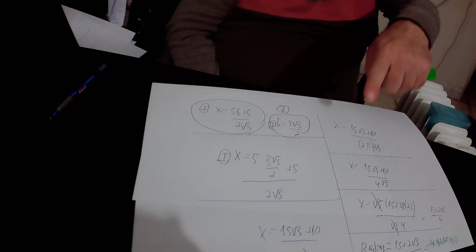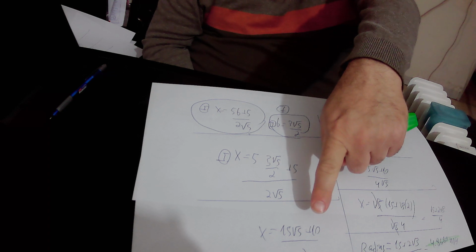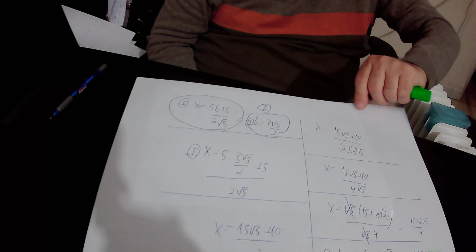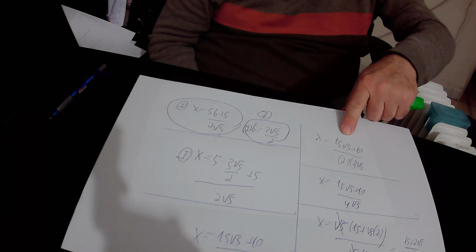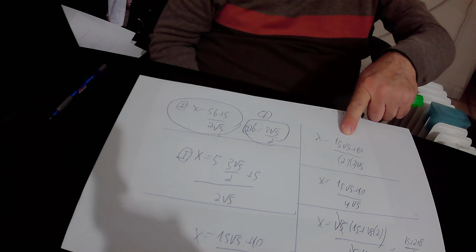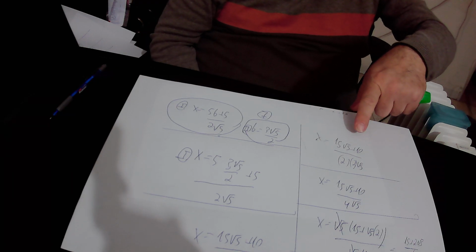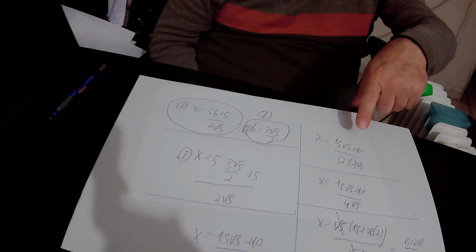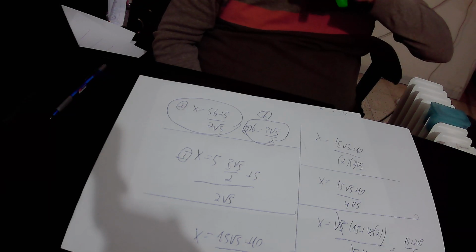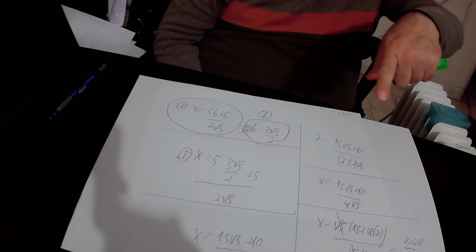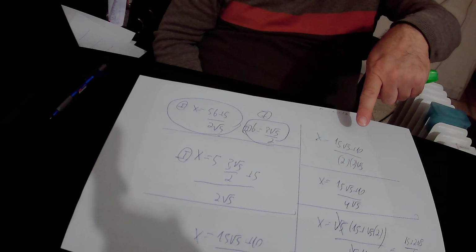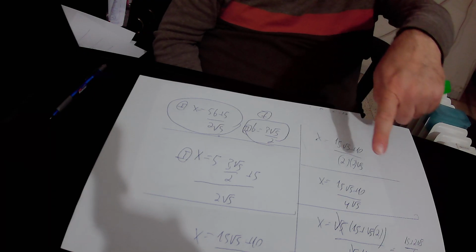Then we moved 2 times square root of 5 to the denominator here, and we found out that x equals (15 times square root of 5 plus 10) over 2 times 2 times square root of 5. So x equals 15 times square root of 5 plus 10, and 2 times 2 is 4, so in the denominator in total we have 4 times square root of 5.